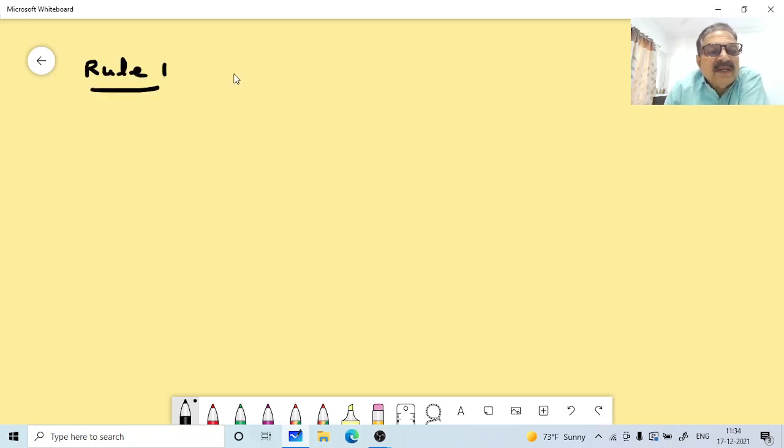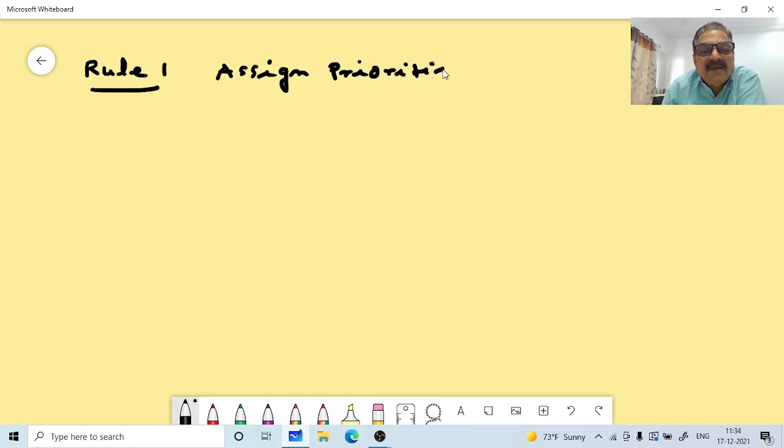So what is meant by assigning priorities? That means each group attached to the stereogenic center, we have to give priorities to the groups. The priorities are determined based on which atom is directly bonded to the stereogenic center.